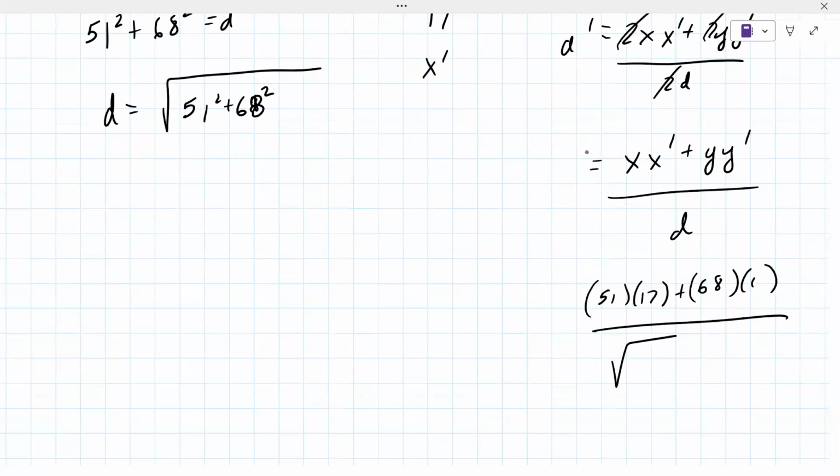So you can either put that in now or wait till the end to put that number in. Probably put it in now. Okay. I don't know if it works out nicely.